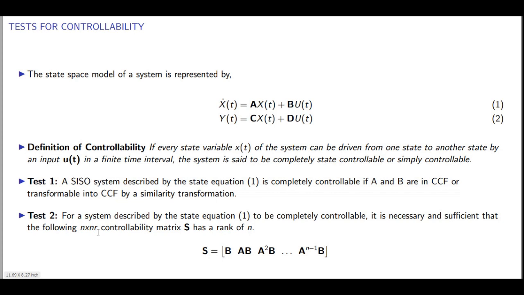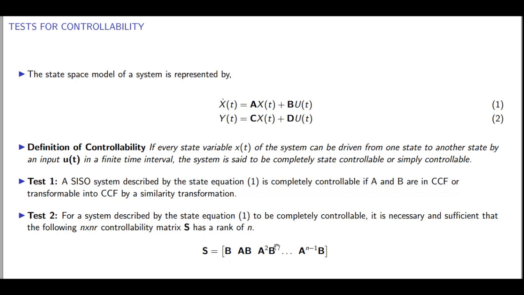If it is an SISO system, the B matrix will be a column matrix with only one column, and therefore the number of columns will also be equal to n. Anyhow, whether it is n cross nr or n cross n, the maximum rank this matrix can have is equal to n.